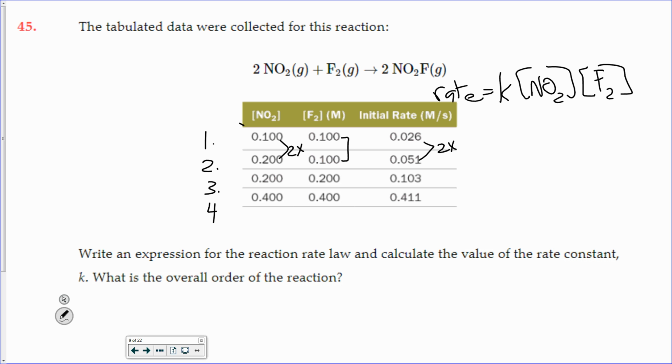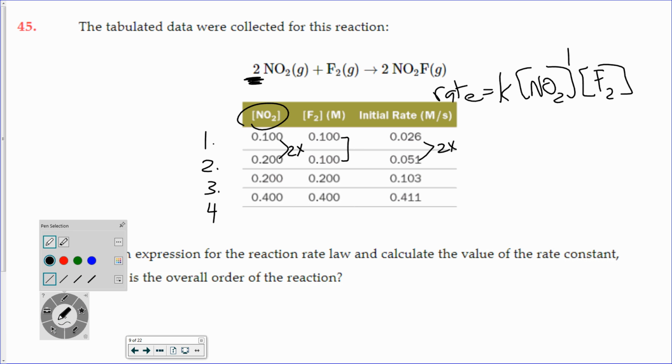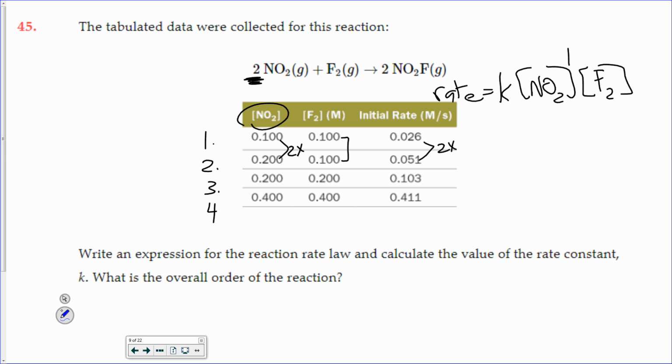With respect to the NO2, it's first order. Now this is a good example where regardless of what the stoichiometry is, we have to determine it experimentally. Okay, so you can't look at that 2 out in front and assume it's second order. All right, so now we look at the second set of conditions and try to figure out what the order is with the other reactant.